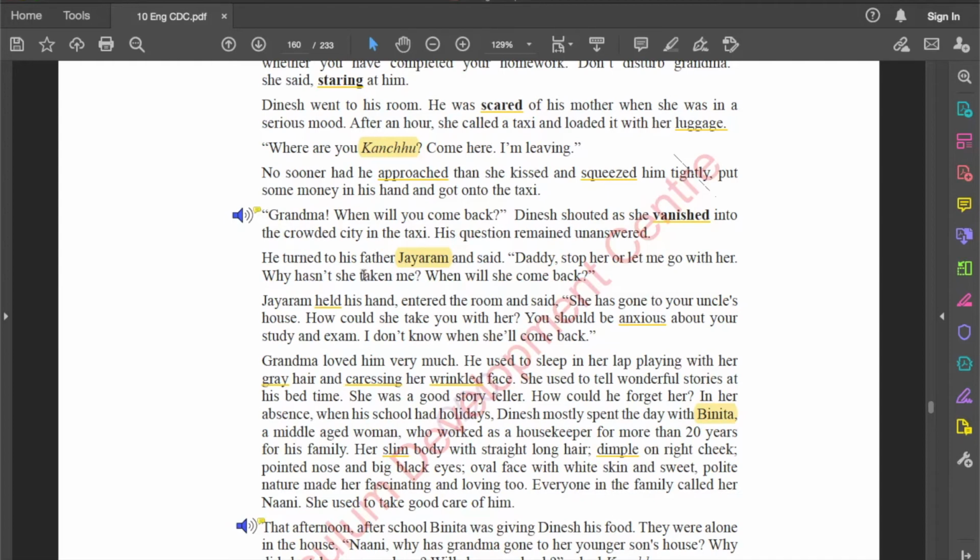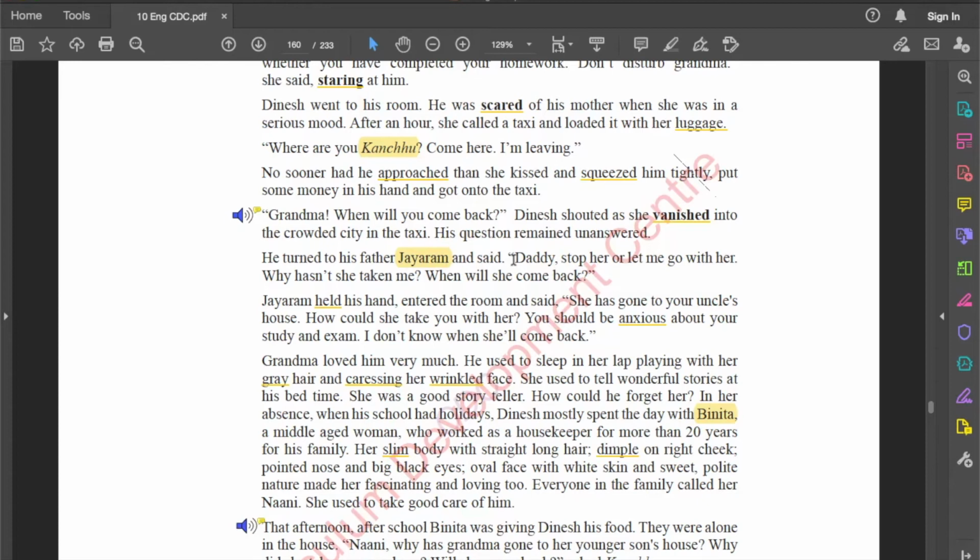He turned to his father, Jairam. His father's name was Jairam, and said, Daddy, stop her, or let me go with her. Why hasn't she taken me? When will she come back? See, that innocent child is asking so many questions out of his pain, the pain that he has got inside.